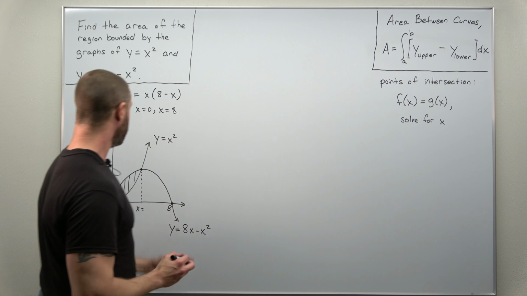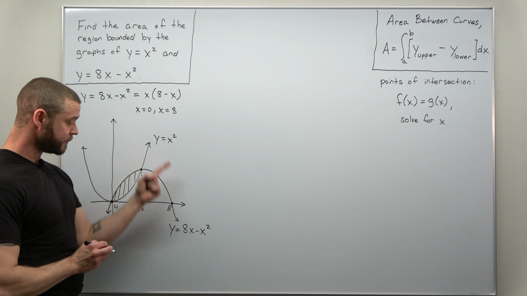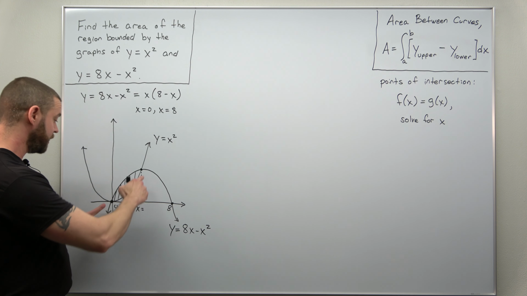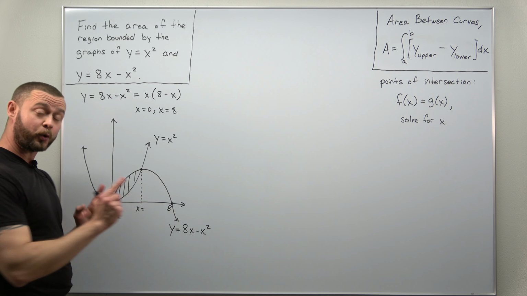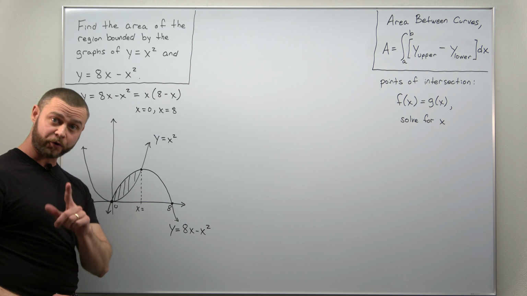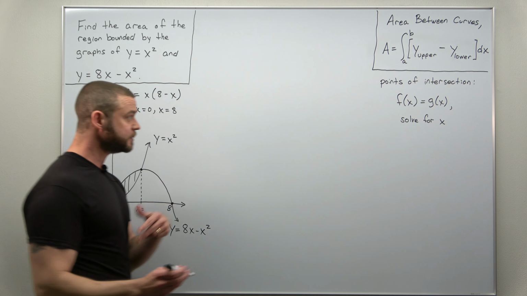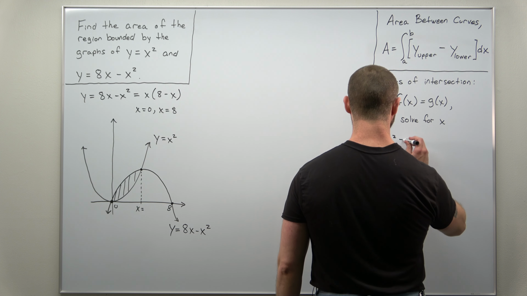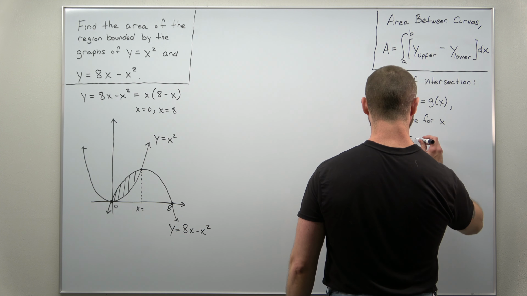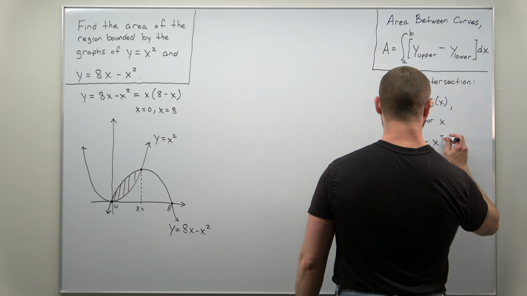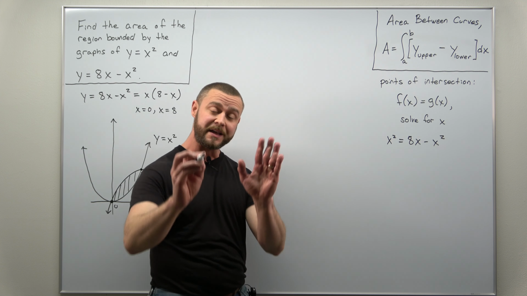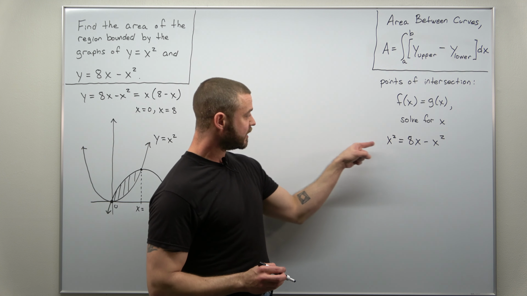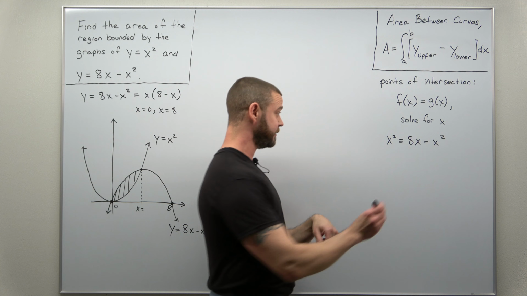So if we do that here, we're going to take y equals x squared, set that equal to y equals 8x minus x squared, where the two function values, or y values, are equal. That's where the graphs intersect, and we get a very simple quadratic equation. So we get x squared equals 8x minus x squared, and we can easily solve that. Let's put the x squareds on the left side so we have a positive in front.